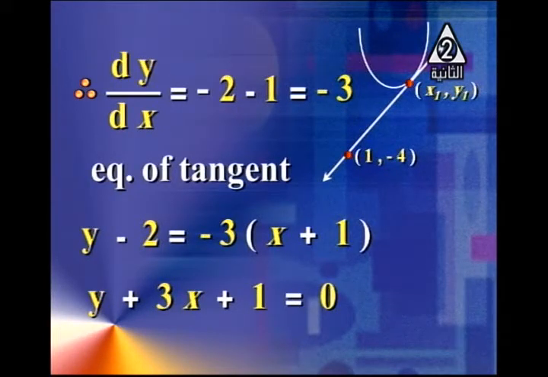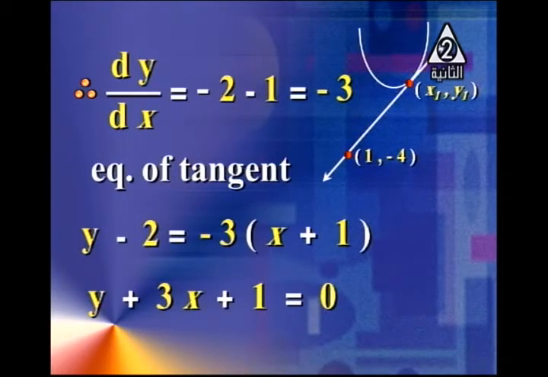In this very important rule, there are two equations of the tangent. Why? Because we have two values of x and two values of y. Then for this point, by substitution in the first, y minus y1 equals m multiplied by x minus x1.